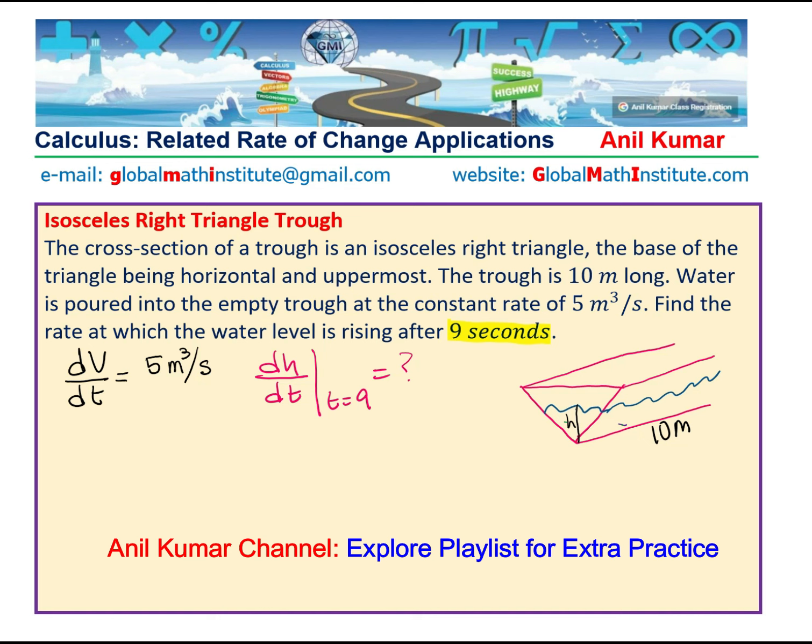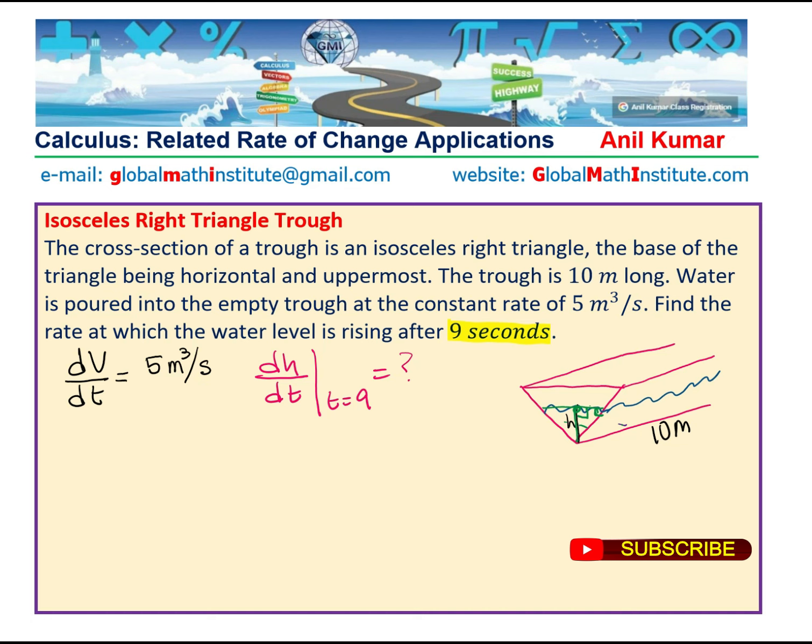So first thing is that we have to relate the volume in terms of height. How do we do that? Now, as some of you might know, in an isosceles right angle triangle, if I drop a perpendicular from the vertex to the hypotenuse, the sides are equal. Since this is 45 degrees, the two sides h and h will be equal.